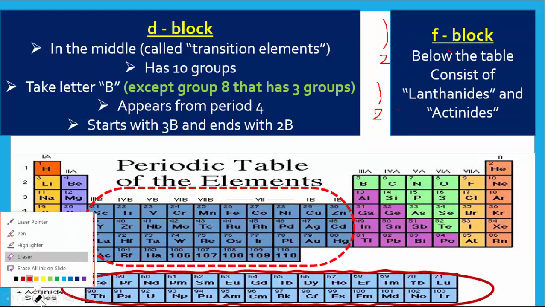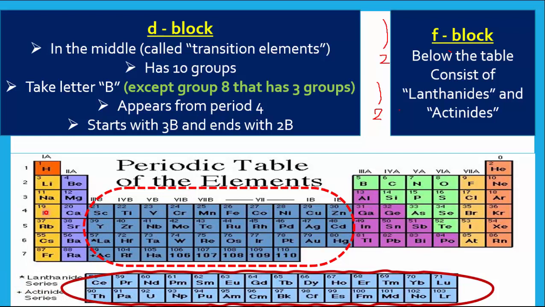Do you remember when we said that Moseley put the lanthanide and actinide elements below the periodic table? Yeah? We called these 2 periods of lanthanide and actinide the F block. And they have only 2 things, lanthanide and actinide. That's all about F block. They don't take letters like the rest of the elements.